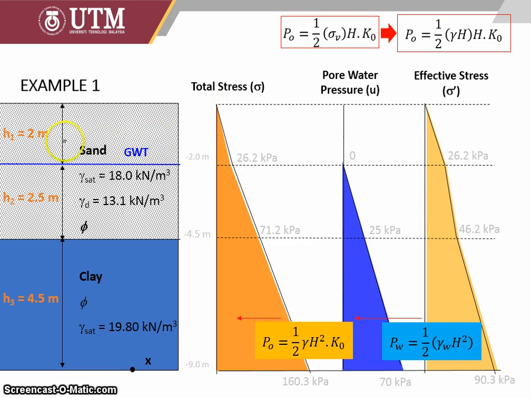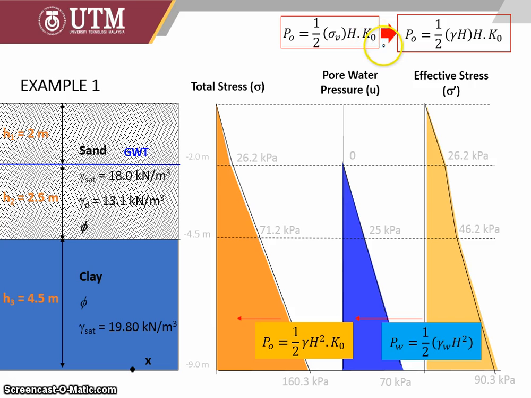From here, if we know the gamma, we can define the vertical stress. But as mentioned just now, in order to have a lateral stress or lateral pressure, we have to introduce the K naught, the coefficient of lateral pressure.